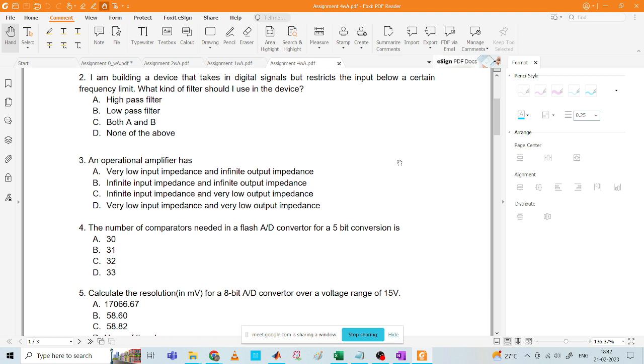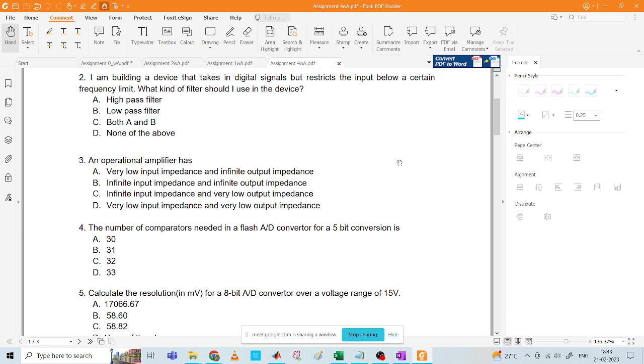Why do you say it's a high pass filter? Sir, because a digital signal restricts the noise, I think. Tell me, I couldn't understand. High frequency can be removed.